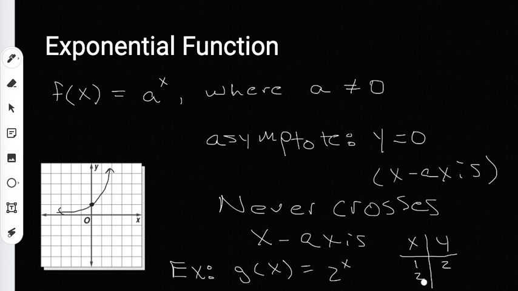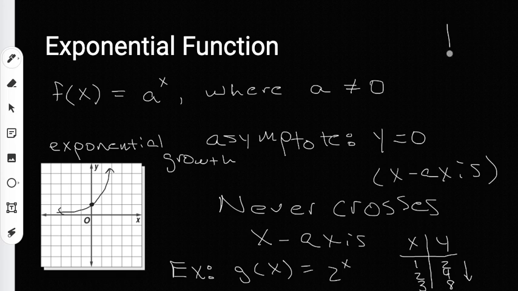If I let x be 2, then I'm taking 2 to the second power, which would be 4. And then if I let x be 3, I'm going to get 2 cubed, which is 8. So it's going to get exponentially larger. And in fact, this is called exponential growth.